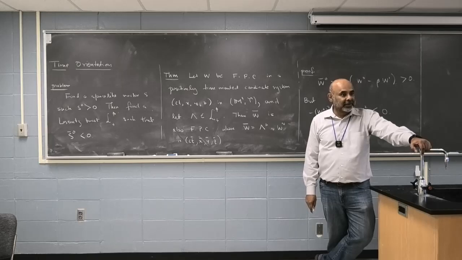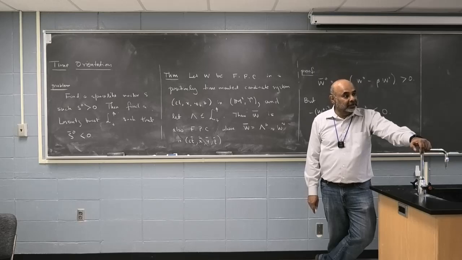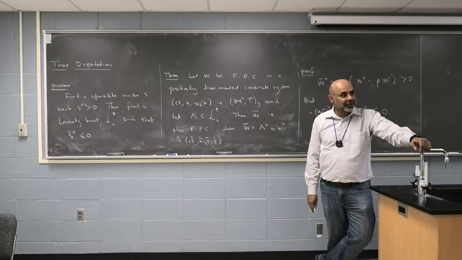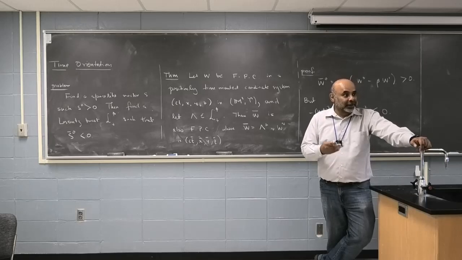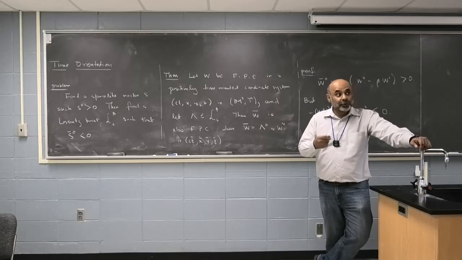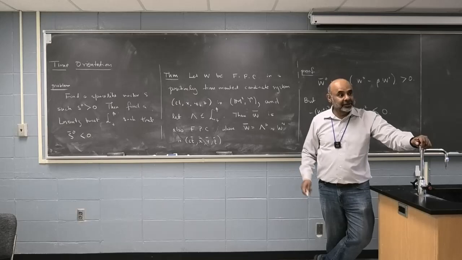Can you do this with null vector? No. Space-like vector in one coordinate system can have S0 greater than 0. Then you use a Lorentz transformation, an orthogonal Lorentz transformation, and you can find a space-like vector whose now transformed zeroth component is less than 0.